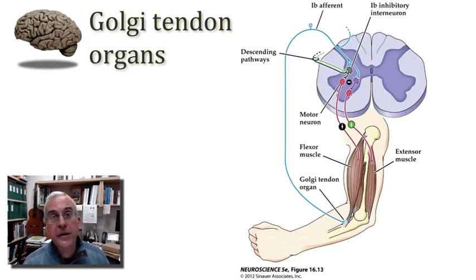That's going to be reducing the sensory signal into the spinal cord circuitry, and that would diminish the inhibition then in the 1B inhibitory interneuron. And with less inhibition, this might be a way of providing for a reflexive increase in the activity that would help combat that fatigue that's setting in on the contracting muscle.